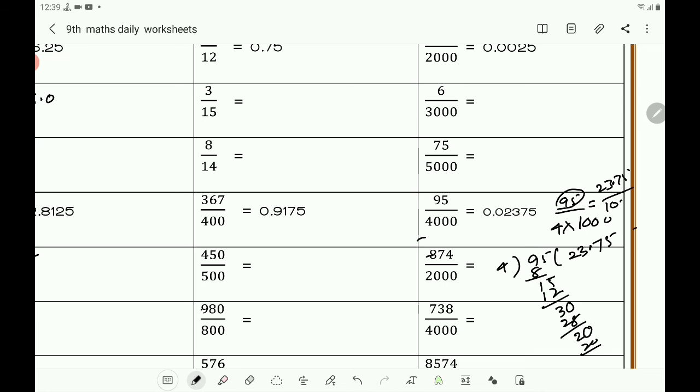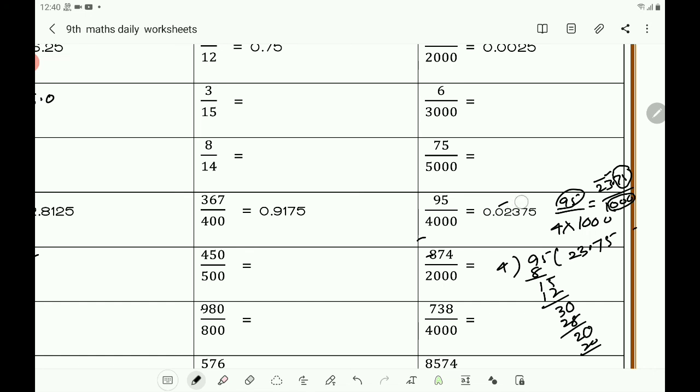23.75 divided by 1000. So here already 2 digits are there after the decimal point. Extra 3 digits means you must take 3, 2, and also 1 extra 0 you have to take. Here see, 75 already there, 3, 2, and 1 extra 0. So totally how many digits are there after the decimal point?